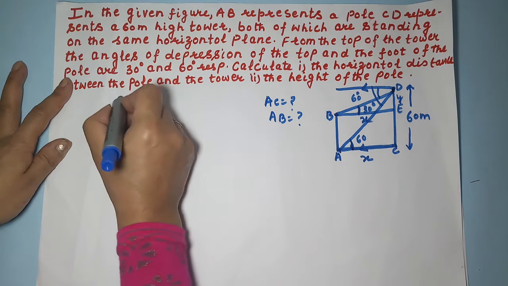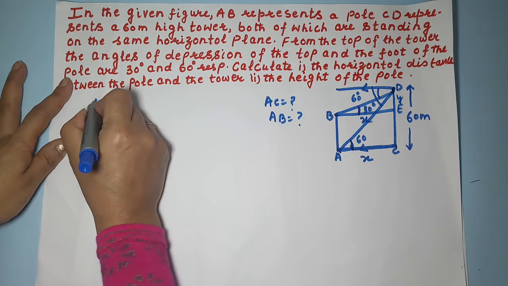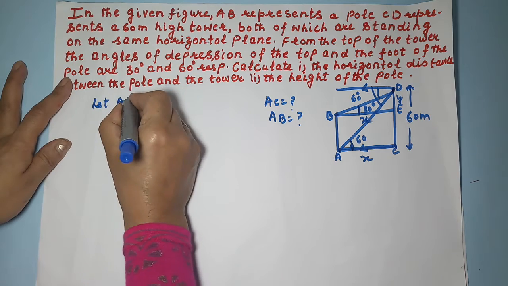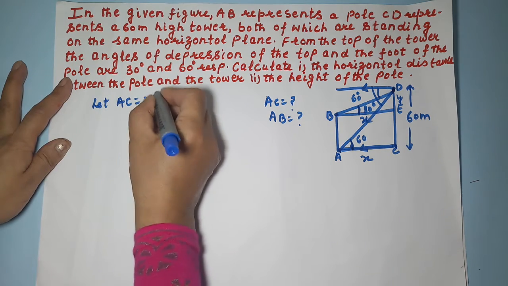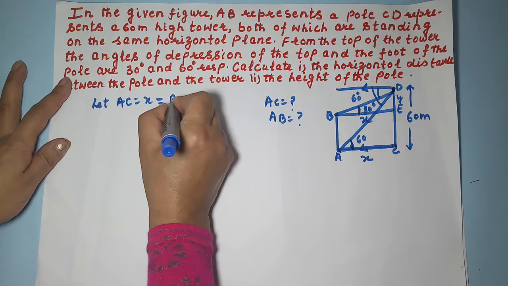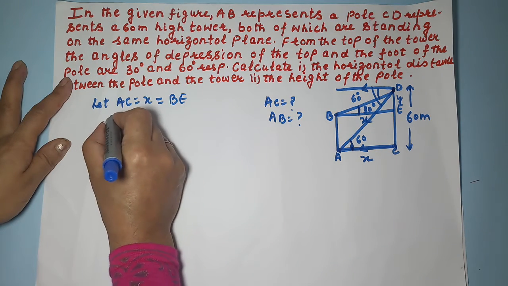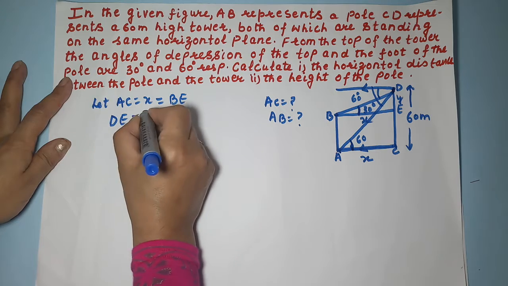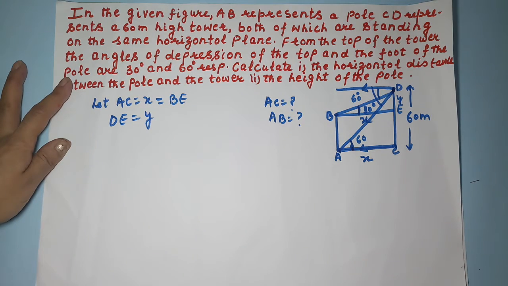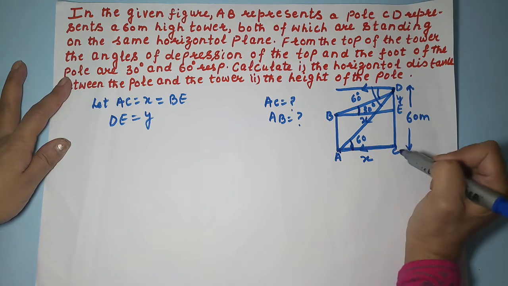So we will write, let AC is equal to X. That is also equal to BE. So BE is also X. And let DE is equal to Y. Fine. Now let's take triangle DAC.